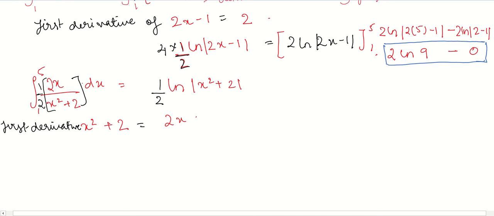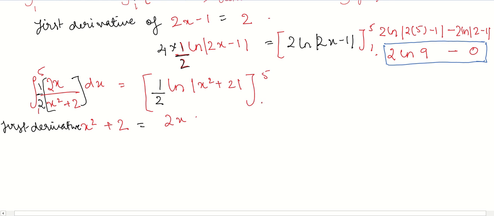If you integrate x divided by x squared plus 2, that's going to be 1 by 2 ln of x squared plus 2. Now we're going to apply the limits, 5 and 1.